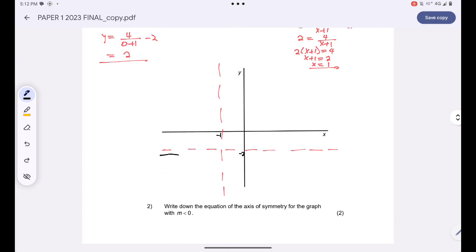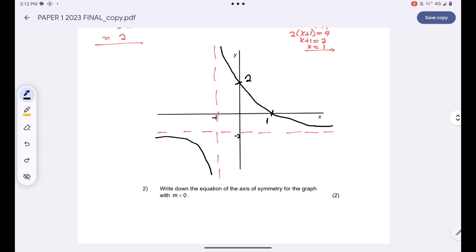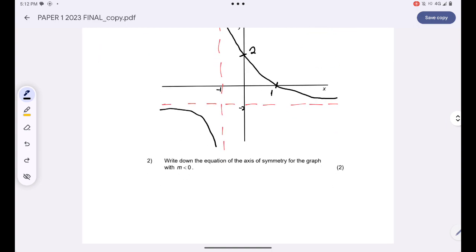One of the curves will be over there, and the other one will be over there. Please make sure that your graph does not touch your asymptotes. I'll have a positive 2, there's my y-intercept, and a positive 1 is my x-intercept. This is how you draw your hyperbola.